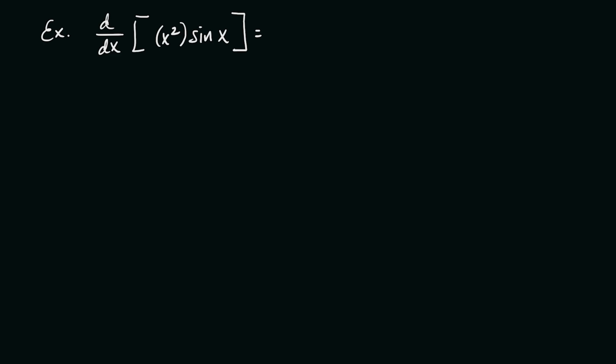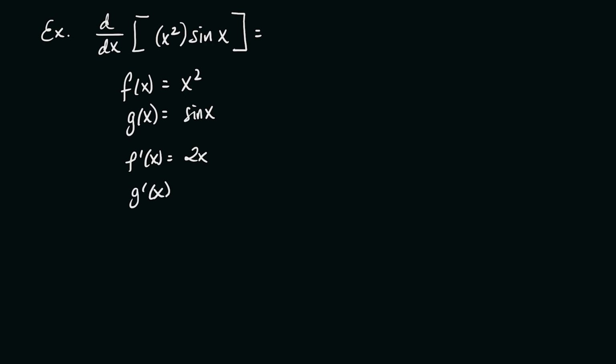Alright, hopefully you just took a moment and solved it out. We can tell that f of x, our first function, is just equal to x squared, and g of x is equal to sine x. Now, f prime of x is equal to 2x, and g prime of x is equal to cosine x.